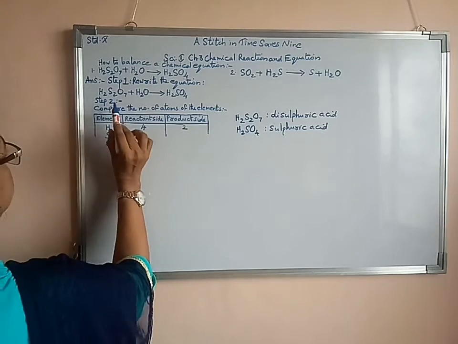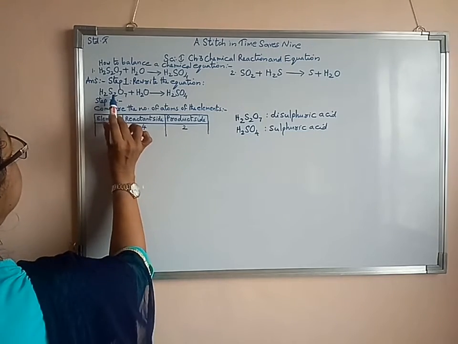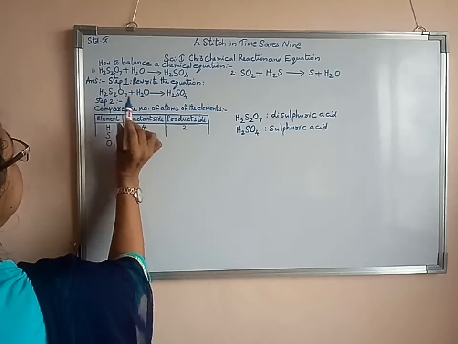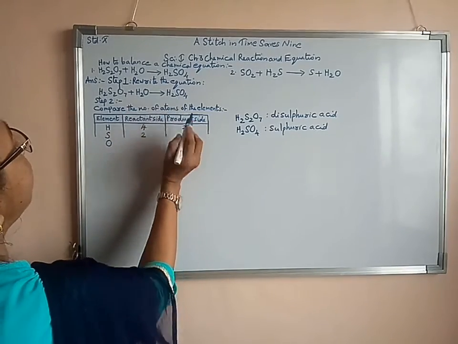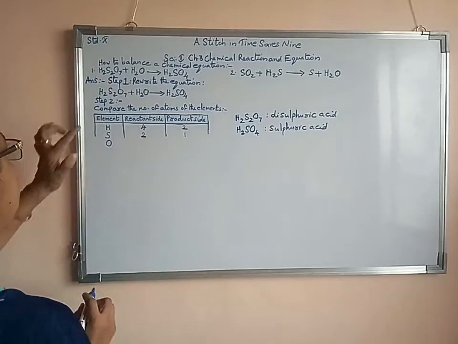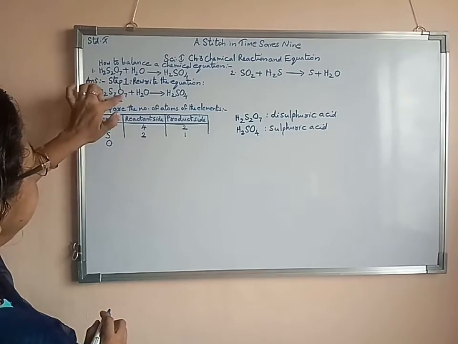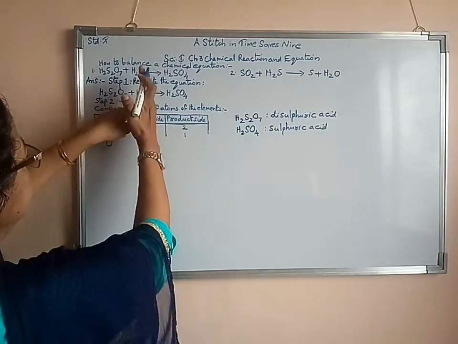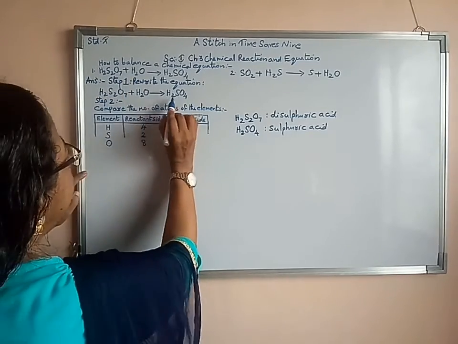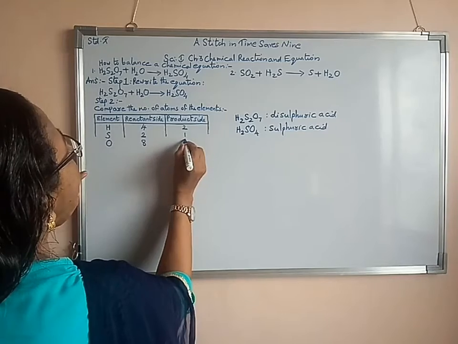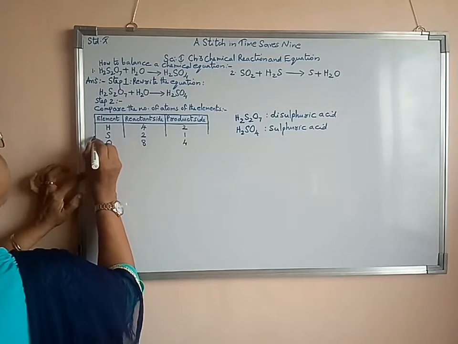Then sulfur. Next element sulfur. Sulfur here 2. Here nothing is there. So 2 sulfur. Here how many sulfur? Only 1 sulfur. After that oxygen here 7. 7 plus 1, 8. That means the reactant side has 8 oxygen. The product side has only 4 oxygen.